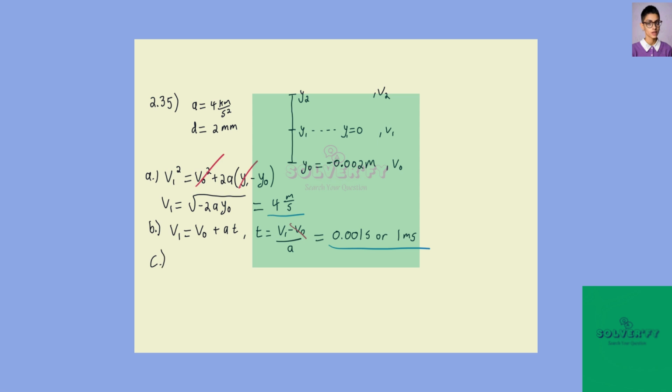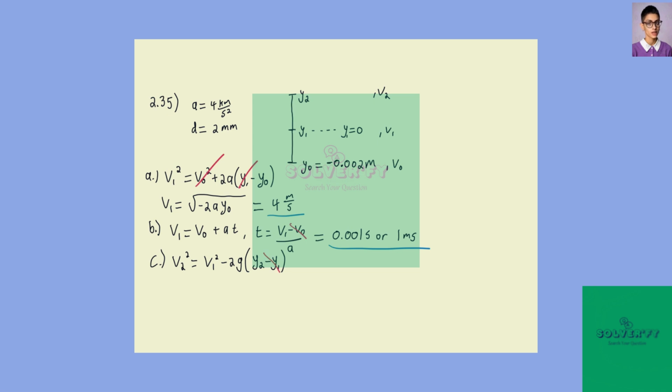And then part C: how high does the insect jump if air resistance is negligible? Let's use a different kinematic equation: v2 squared equals v1 squared plus 2 times the acceleration. But it's not pushing off anything anymore. It's in free fall, you could say, even though it's moving up. It's under the acceleration of gravity, so the acceleration is negative g, times (y2 minus y1).